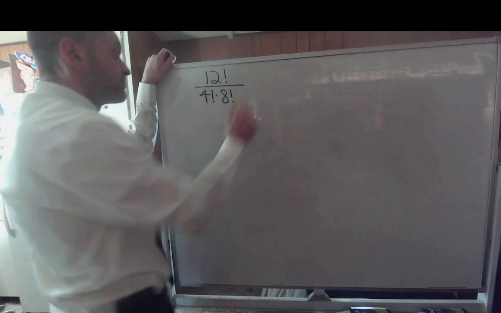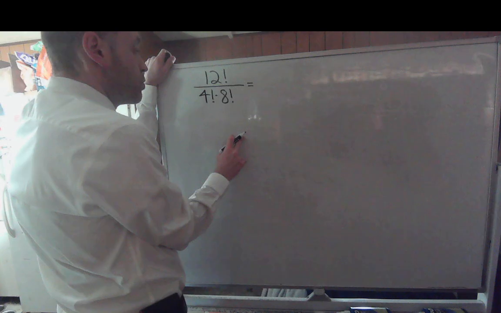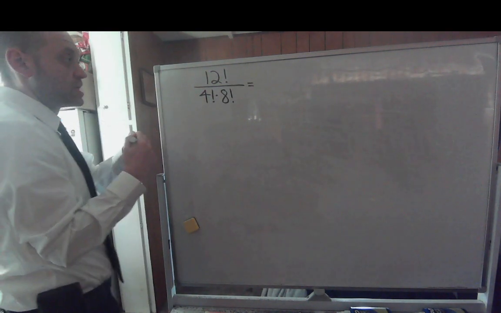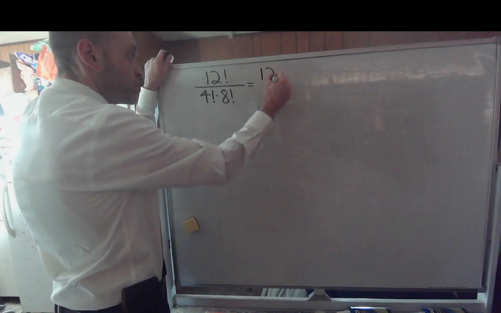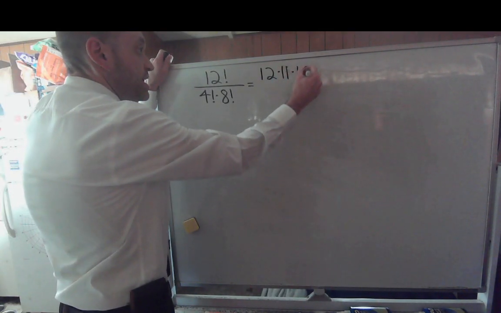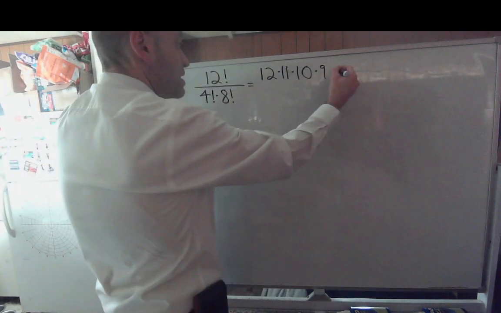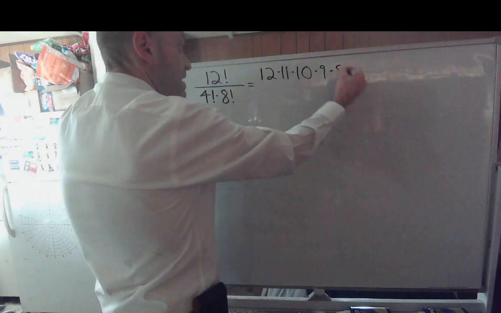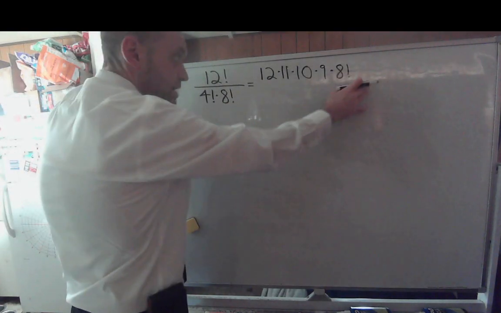Well, what I would do is take your 12 factorial, that's the same thing as 12 times 11 times 10 times 9 times 8 factorial, because that 8 factorial will keep going down till you reach 1.